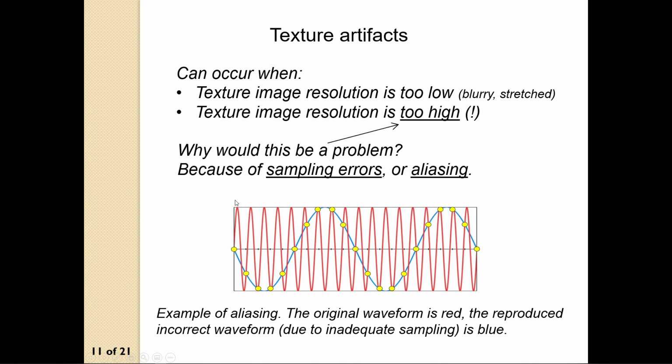Like suddenly your black and white checkerboard winds up being nothing but white or nothing but black, or some weird moire patterning as well. Moire patterning, M-O-I-R-E, is another fun term to look up.